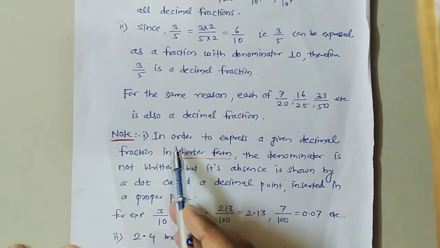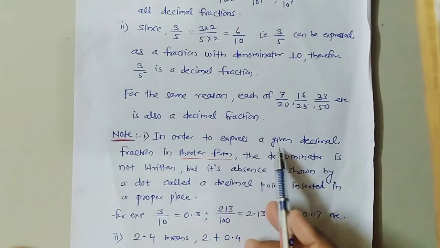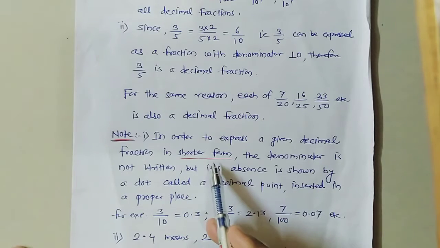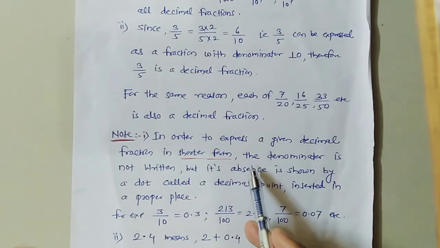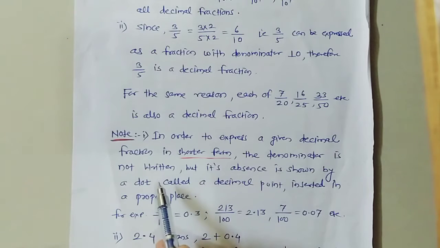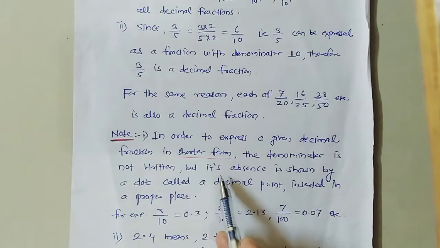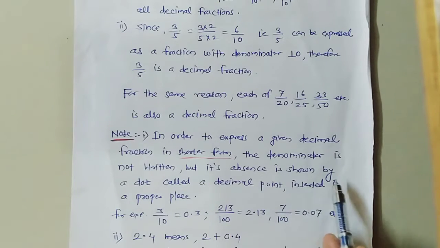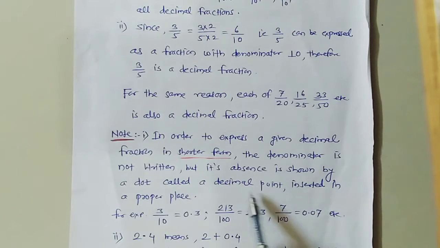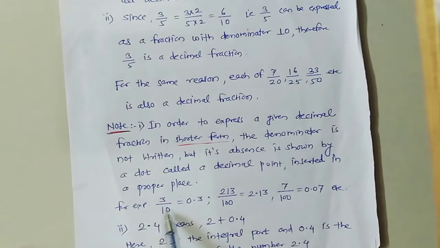First, in order to express a given decimal fraction in shorter form, the denominator is not written, but its absence is shown by a dot called a decimal point inserted in a proper place. See, for example, 3 upon 10.